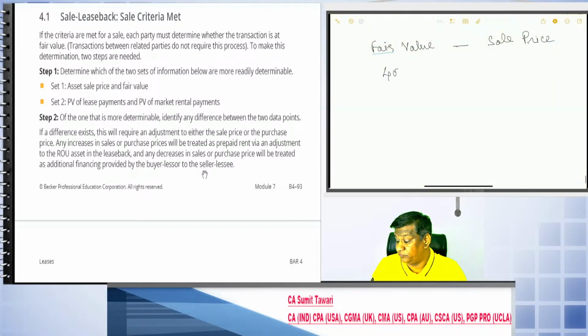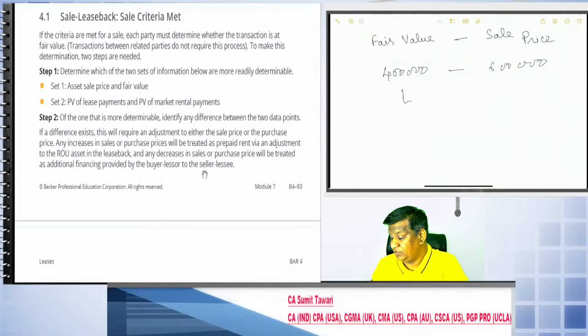If the fair value is 400,000 and the sell price is 600,000, that means the fair value is 400,000 but I sell it at 600,000.